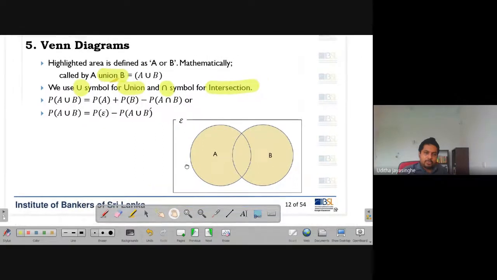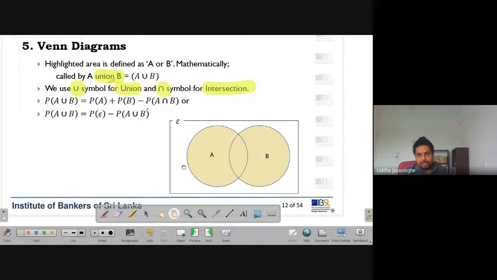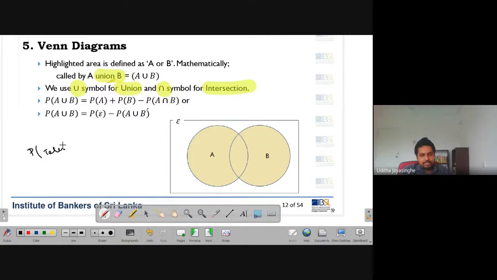Now, why do we do this? It is simply because we are going to discuss the combinations that we can think of from the point of view of these Venn diagrams in probability theory. Now, one can say, okay, probability of televisions and radios.